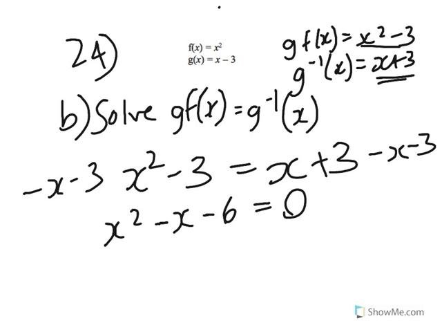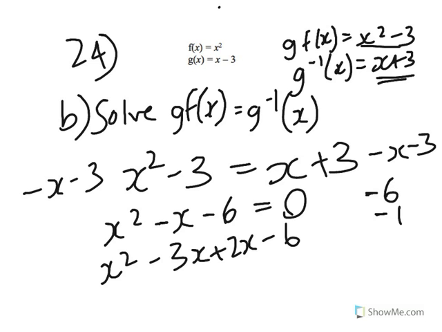Now all we got to do is solve this quadratic equation. We're looking for two numbers that multiply to give you negative 6 and add to give you negative 1. So those two numbers are nothing but negative 3 and 2. So x squared minus 3x plus 2x minus 6.